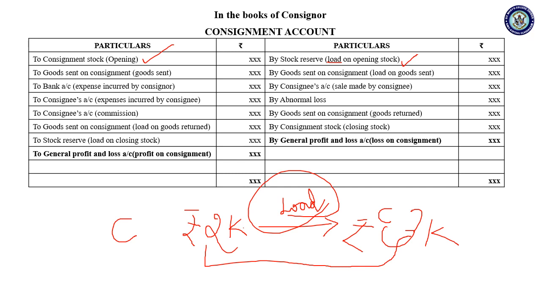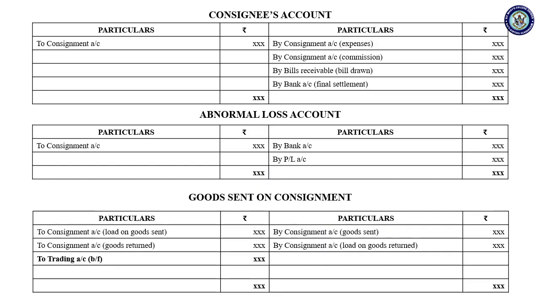If you sell the goods, then you can term it as profit. It is nothing but the cost plus the extra added on top, and that is the loading price.